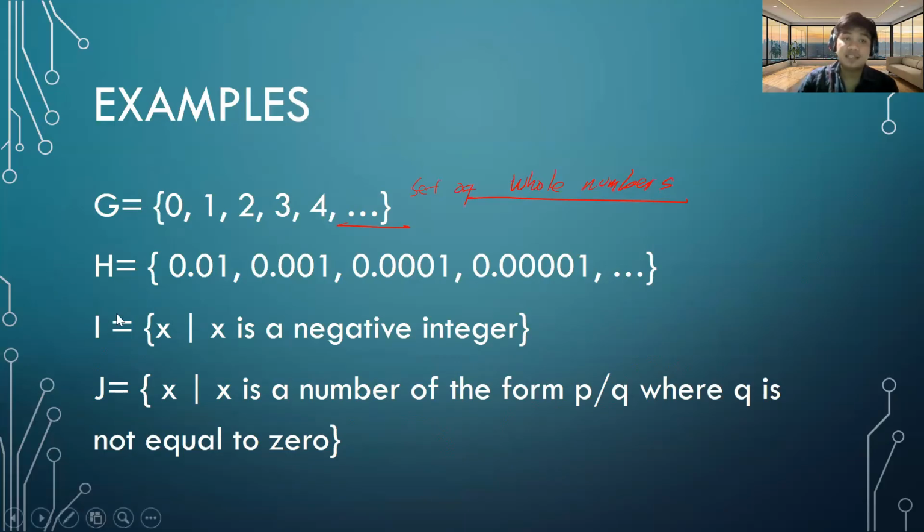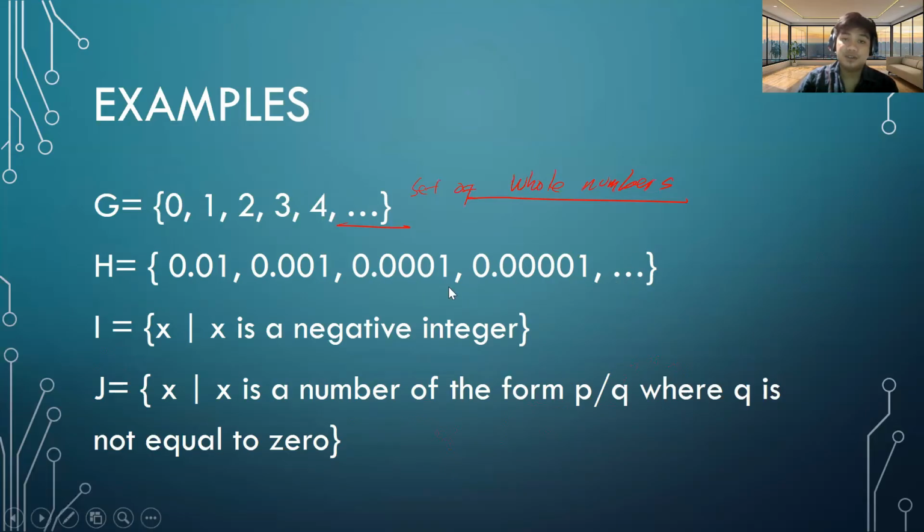So next we have set H. As you can see the pattern, 0.01, 0.001, 0.0001, and so on. As you can see, we cannot identify the last element because it extends indefinitely or infinitely.